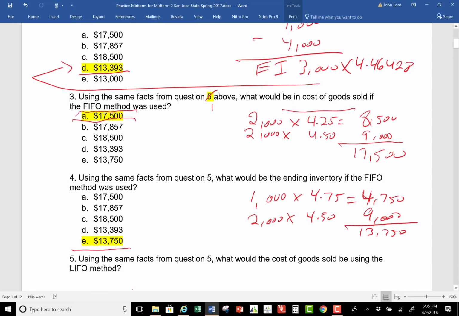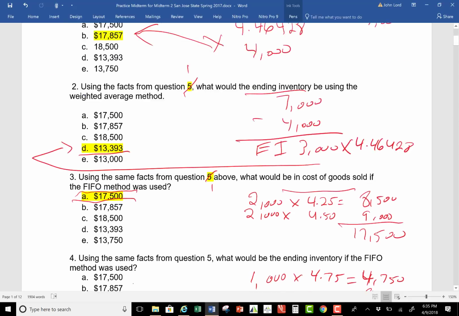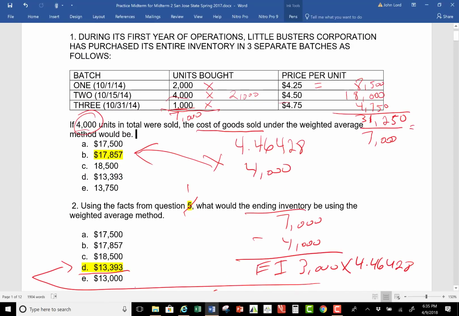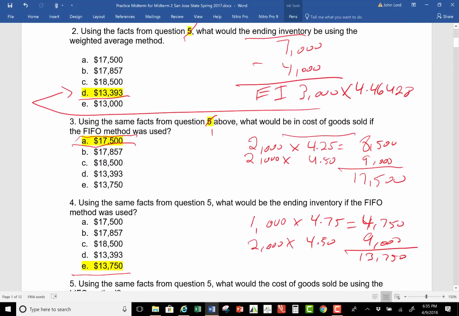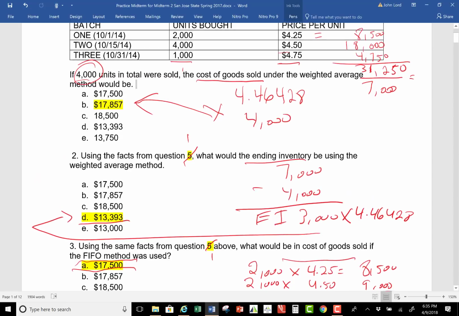Okay, good. What about LIFO, cost of goods sold? So we go back up into the table. LIFO is what? Last in, first out is LIFO. And so 1,000 times the 475, I'm going to sell those first, right? So I have the 1,000 times the 475. And how many did I sell? 4,000 total.